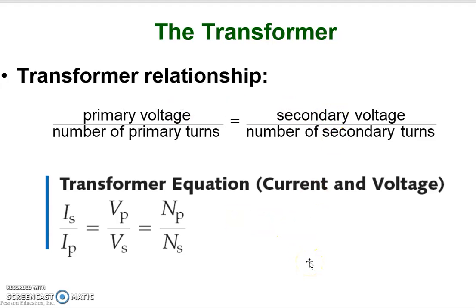Now let's write down this relation in terms of the variables. You can see that this relation looks a little bit different, but it is still the same formula. What it says here is that the voltage across the primary divided by the voltage across the secondary is equivalent to the number of the loops along the primary and the secondary loops. This is just a different way of saying the same thing.